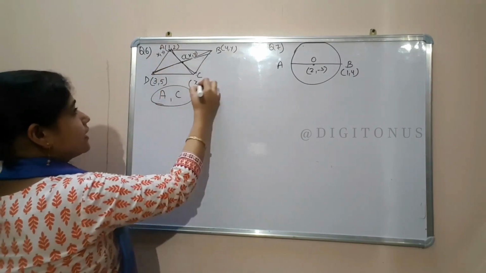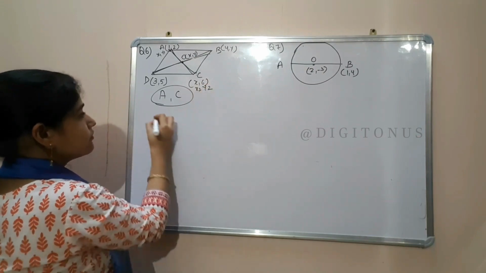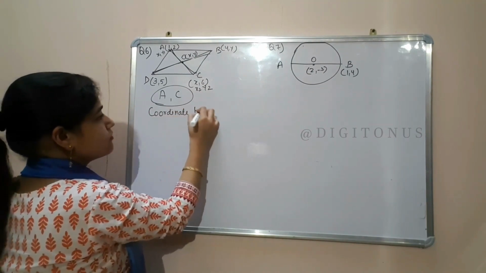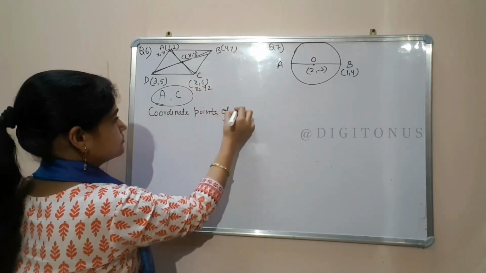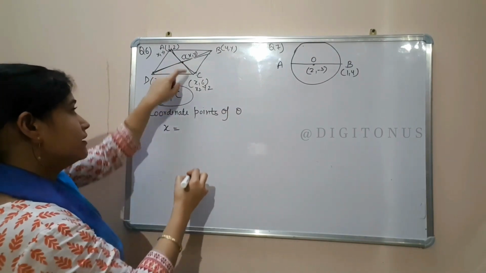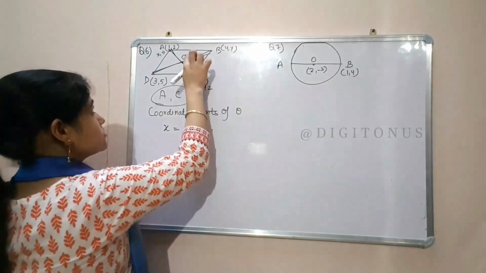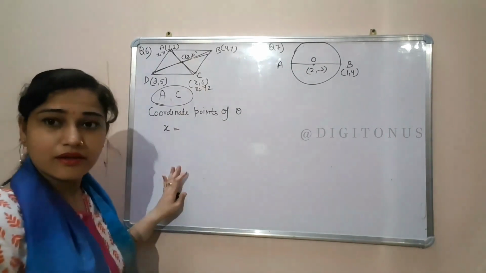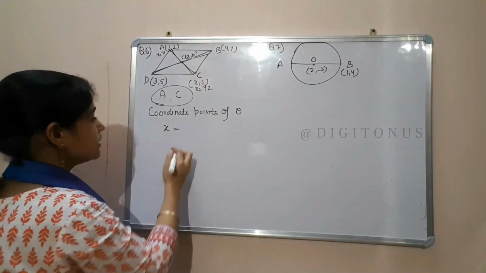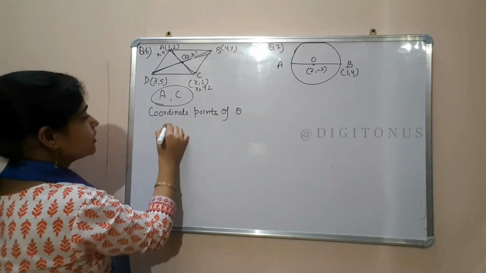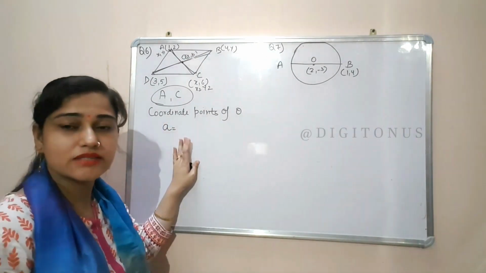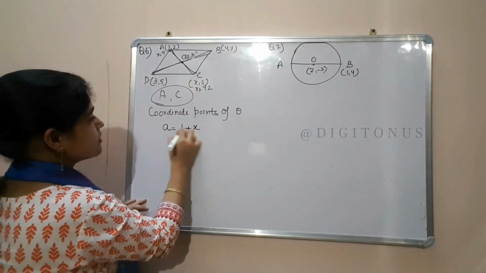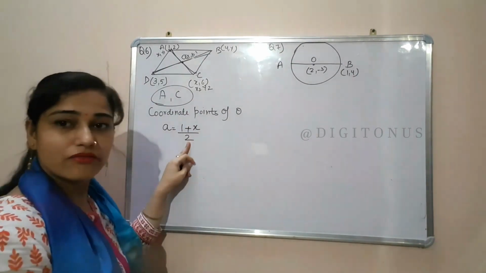This will be x1 y1 and this will be x2 y2, and we are finding the coordinate points of O. Because x and y values are already used, let's keep another name here, A and B. So I am putting A and B. A will be equal to x1 plus x2 upon 2, the midpoint formula, which means 1 plus x upon 2. So this is the value of A.